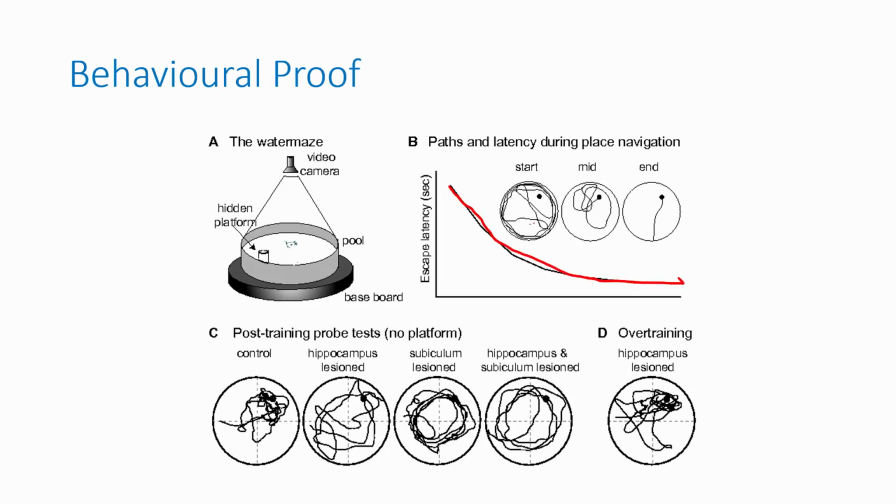You can also trace its path, because you are recording through video. Initially it does not have any clue; it is circling all over the place. Over a period of time it develops a strategy and an association between the cues and the position of the platform, slowly refining its path such that towards the end, where it has really learned the task, it can reach the platform in a very quick time.